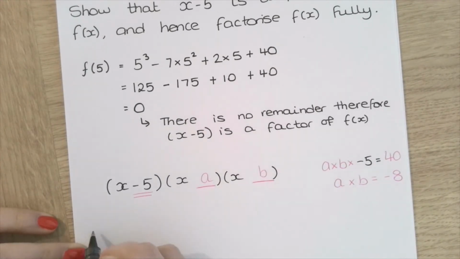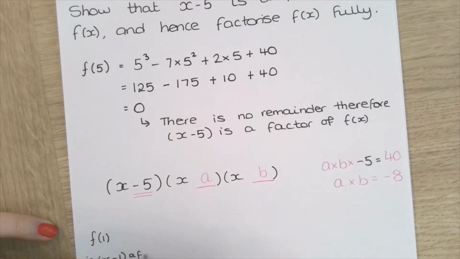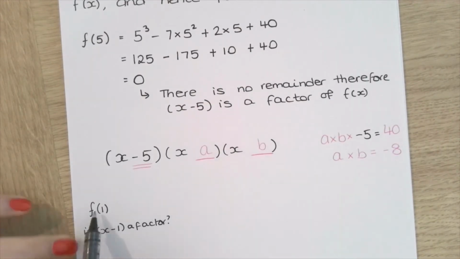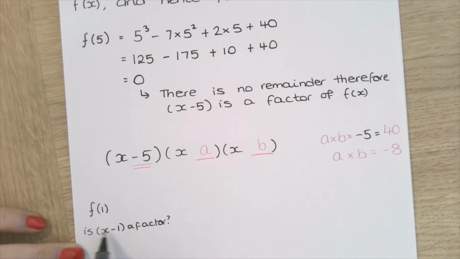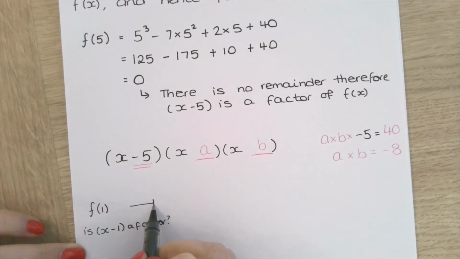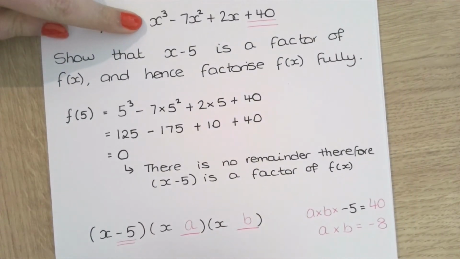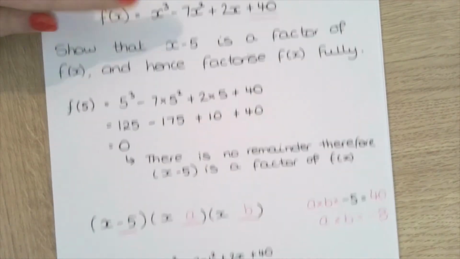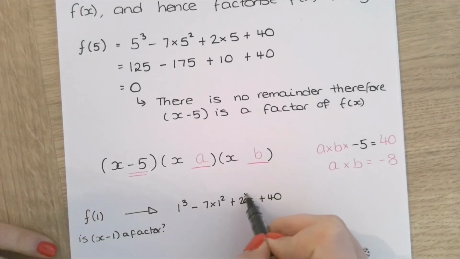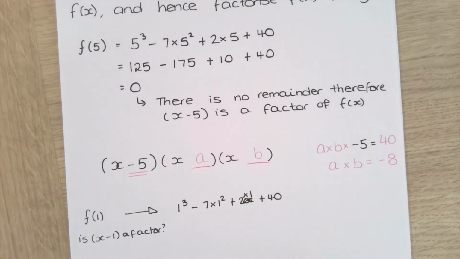So I've got f of 1. That would tell me, is x minus 1 a factor? Does that make sense? I hope that makes sense. If I do f of 1, that's telling me, is x minus 1 a factor? So let's substitute it into the original. I have got 1 cubed minus 7 times 1 squared plus 2 times 1 plus 40. Sorry, I made that error.